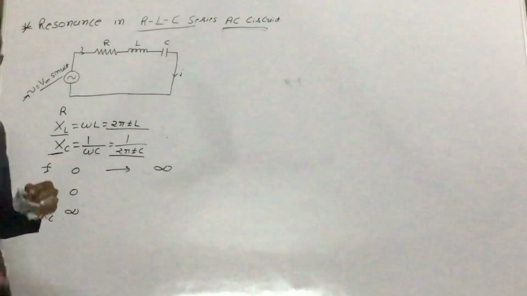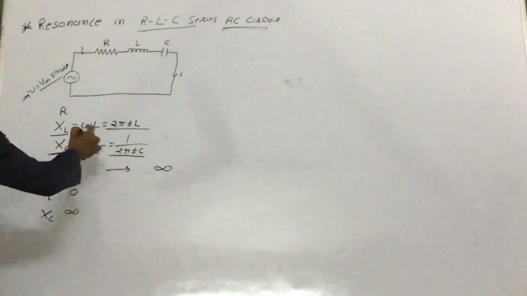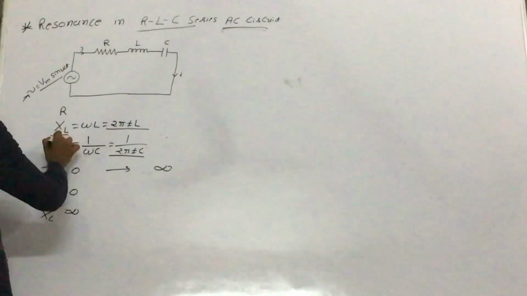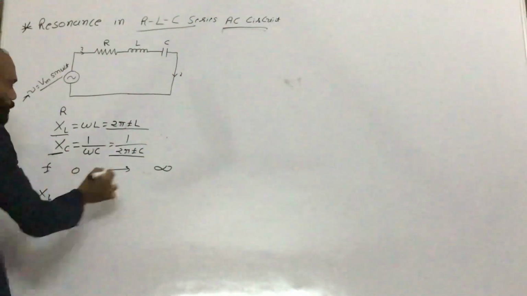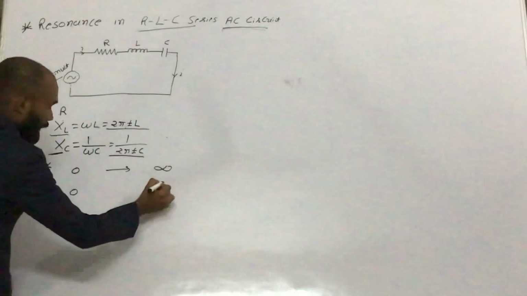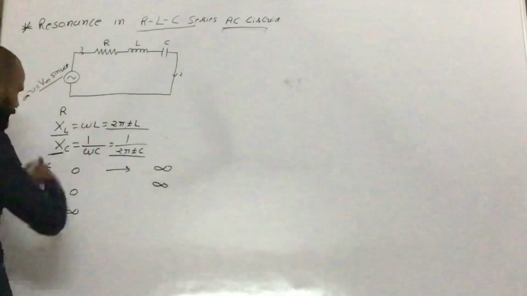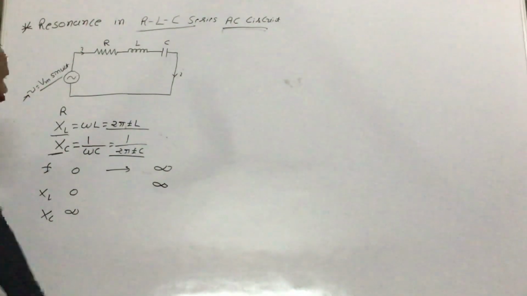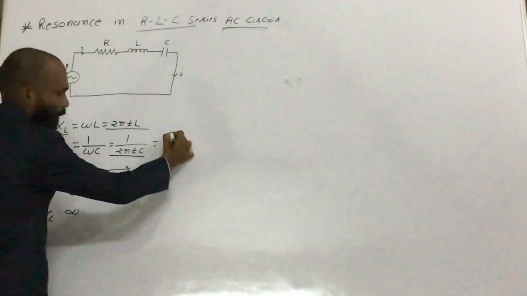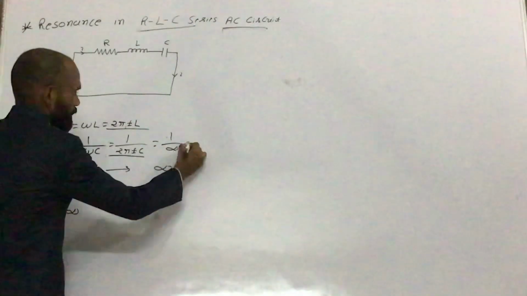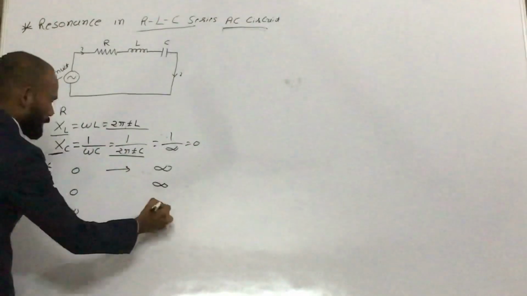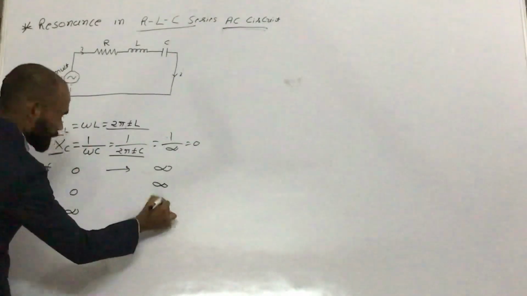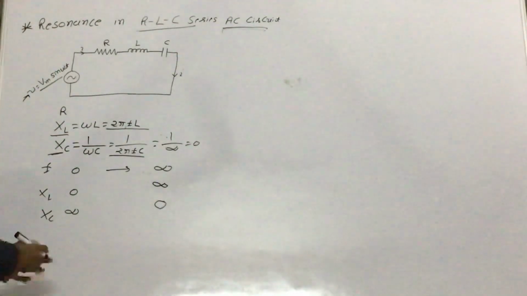And when frequency is infinity, XL is directly proportional to frequency, so XL is also infinity, and XC is 1 divided by infinity, that means 0.